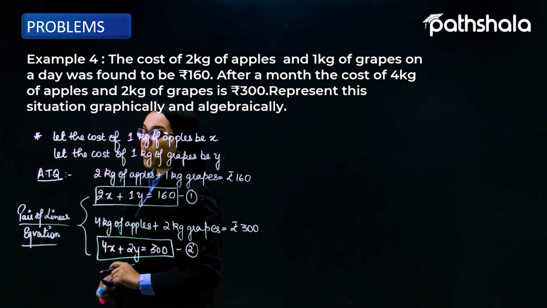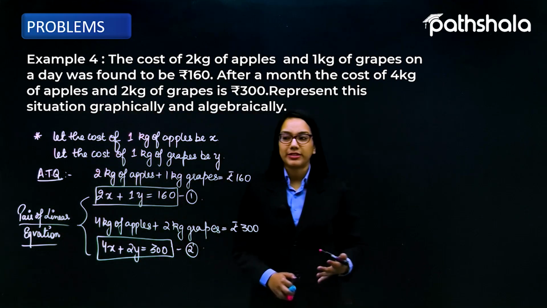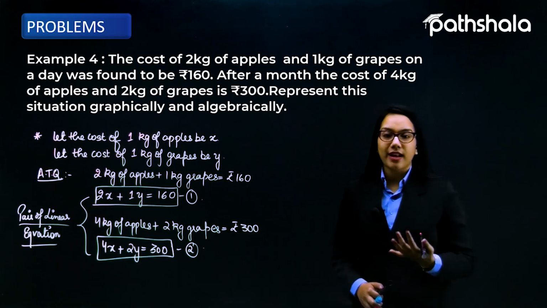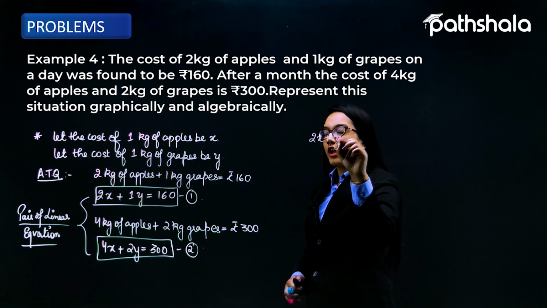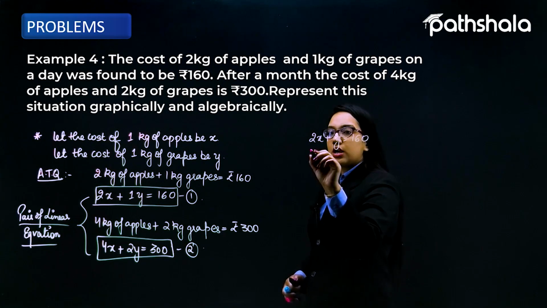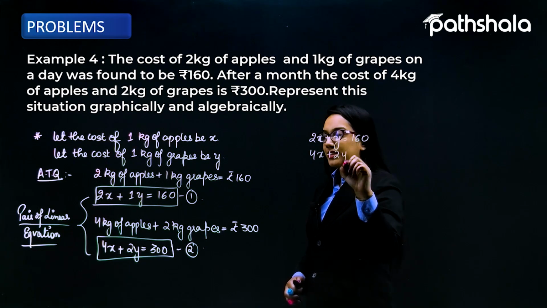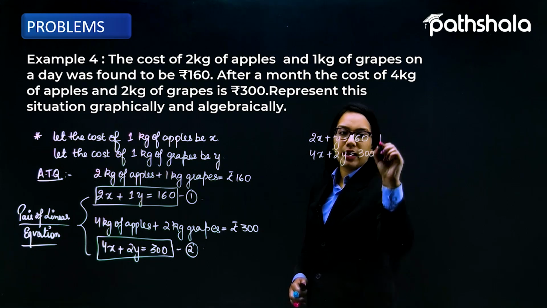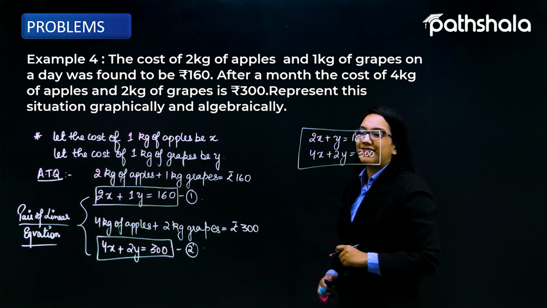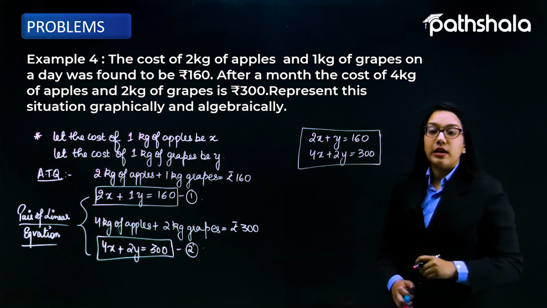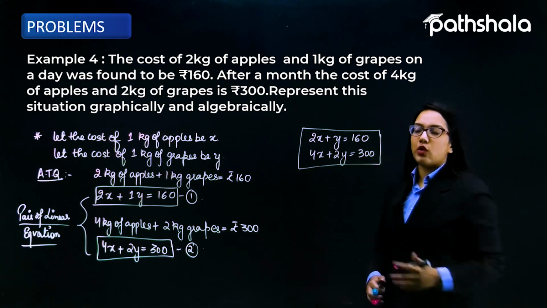Now let's talk about their graphical representation. But before taking the graphical representation, we have to look out for the solutions. These equations together are the algebraic representation. I hope the algebraic representation is all clear to you.